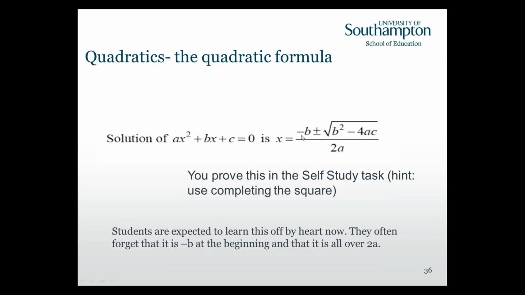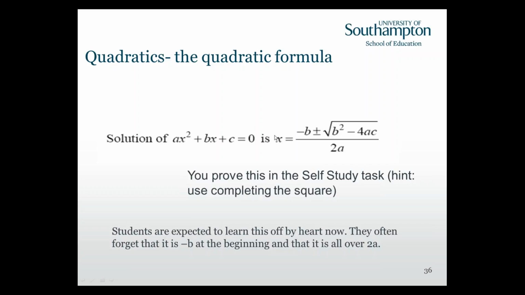Key problems: they forget the minus at the beginning, or they put the plus or minus there, and they get really muddled with these signs. They also forget, or just never realise, that it's the whole thing over 2a, not just this bit. They often just put this bit over 2a.